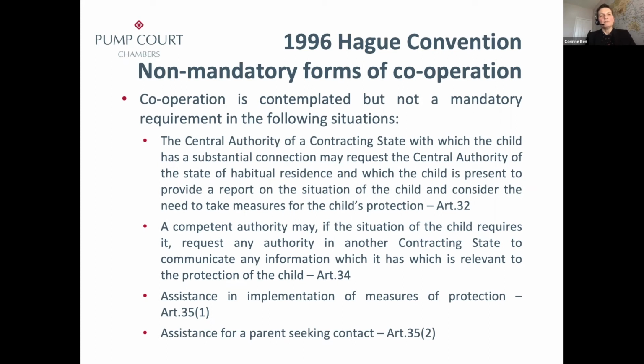Under Article 34, a competent authority may, if the situation of the child requires it, request any authority in another contracting state to communicate any information which it has, which is relevant to the protection of the child. And I suppose that is the article that may well cover such things as assessments of carers in other jurisdictions. There's also provision for assistance in implementation of measures of protection under Article 35 and assistance for a parent seeking contact.